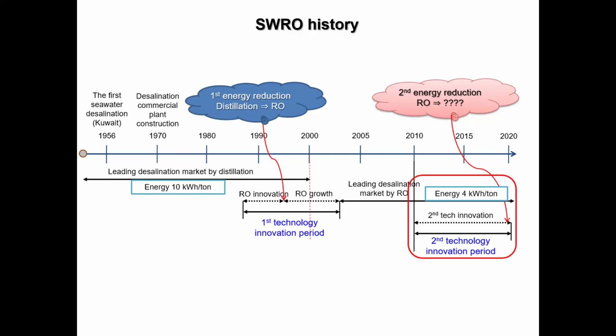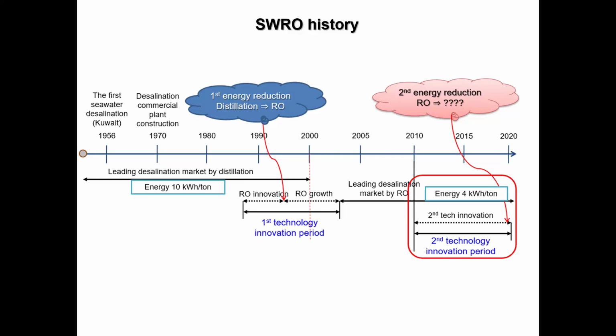At the time, in Saudi Arabia and Middle East countries, the oil price was very low. So they just utilized oil to produce desalinated water. They initially used a lot of boiling water using oil or gas in the Middle East from seawater.